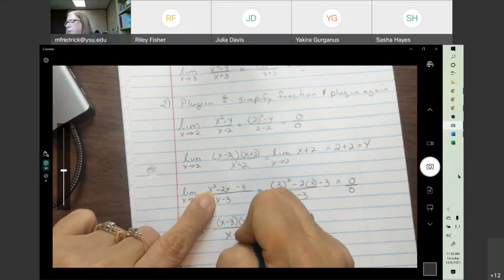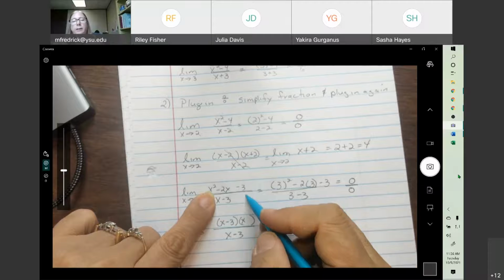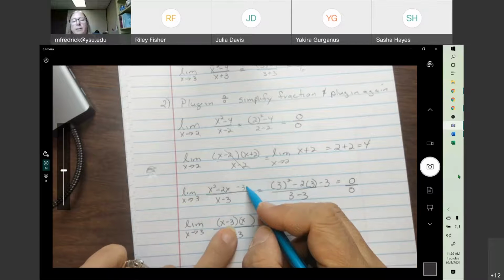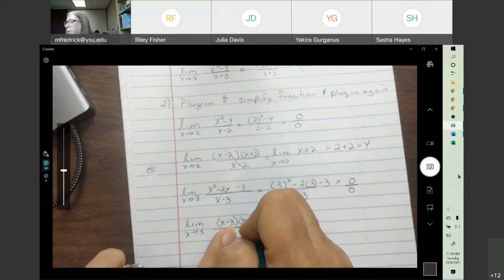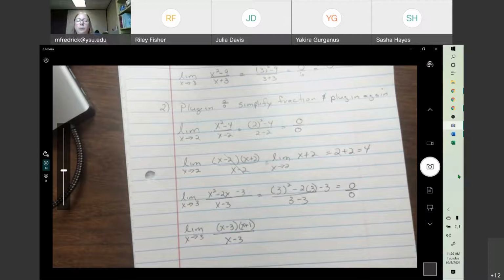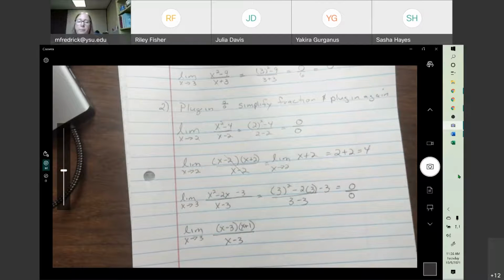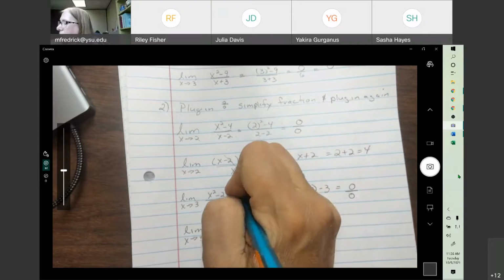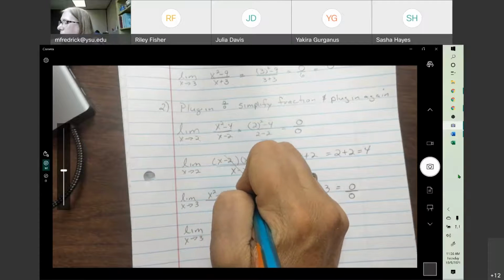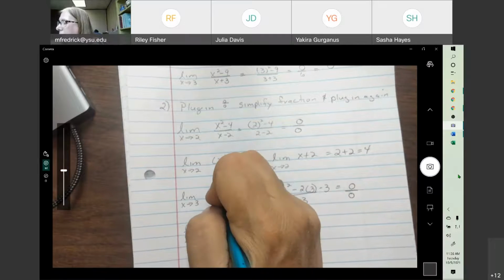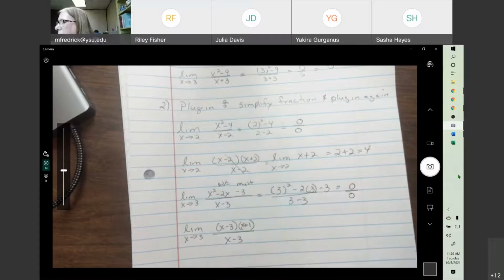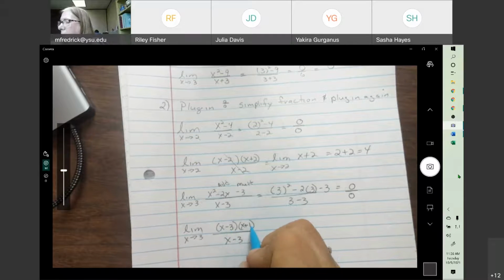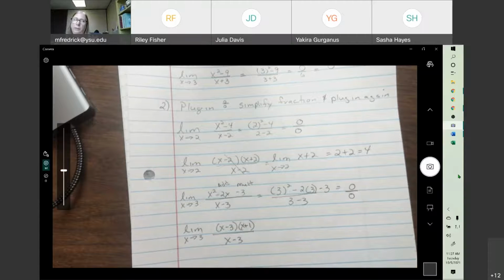X times x will give us x squared. And then to get this one, we need a negative 3 times a positive 1. So you can use that to help you factor it. But the other way, you're multiplying to get a -3 and adding to get -2. And that would be -3 and 1. But is there any questions on that?